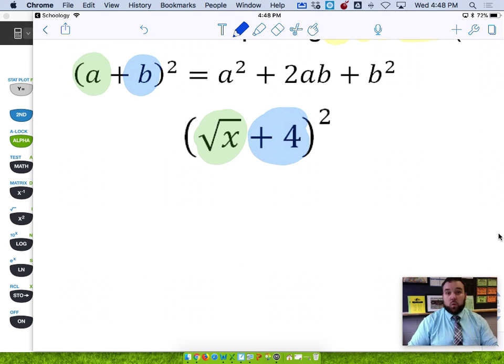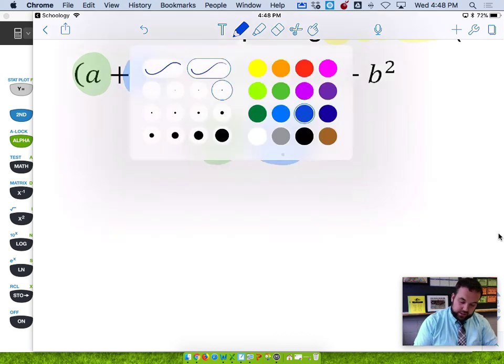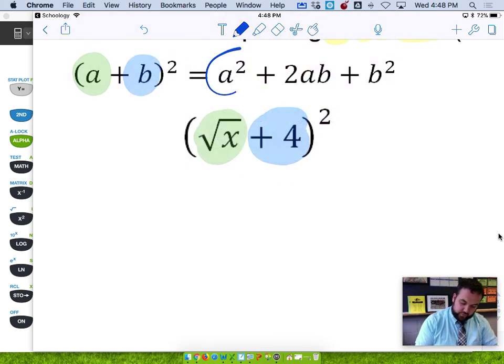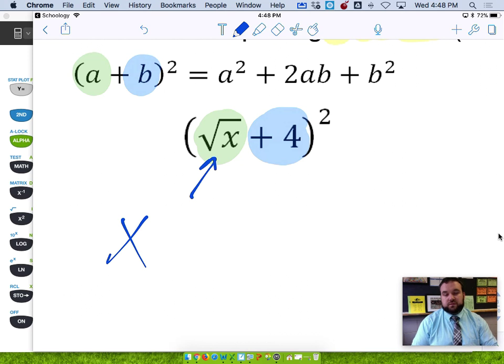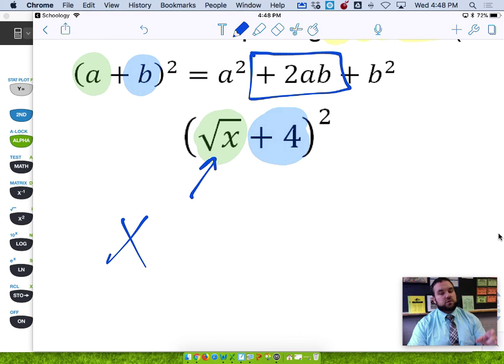One shortcut you can use to square this and get the correct answer right away, even after combining like terms, is to just first take a and square it. If I take the square root of x and square it, that's going to give me just x. Here's this middle term. Looks tricky, but plus 2ab just means you're going to take a times b and then double it, or multiply it by 2.